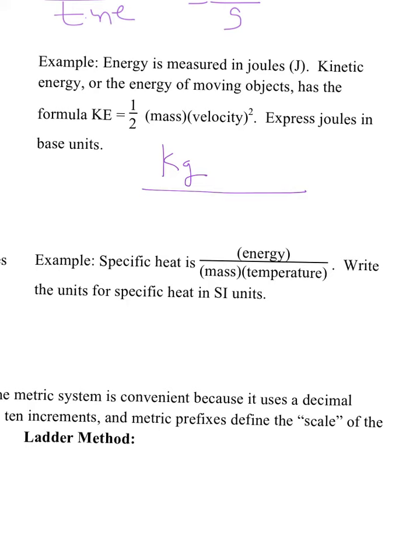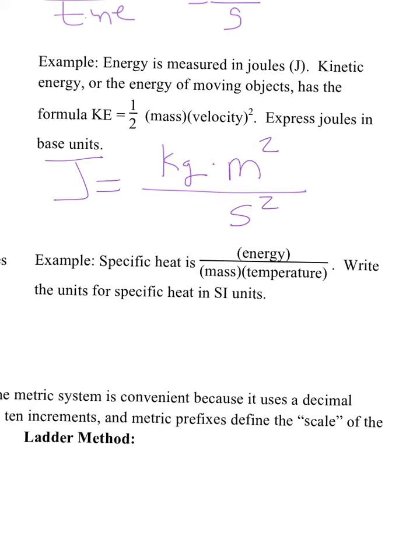And this is squared here, so the velocity is squared, which means we're squaring the distance and we're squaring the time. So the units for joules, the energy unit, is kilograms meters squared per second squared.